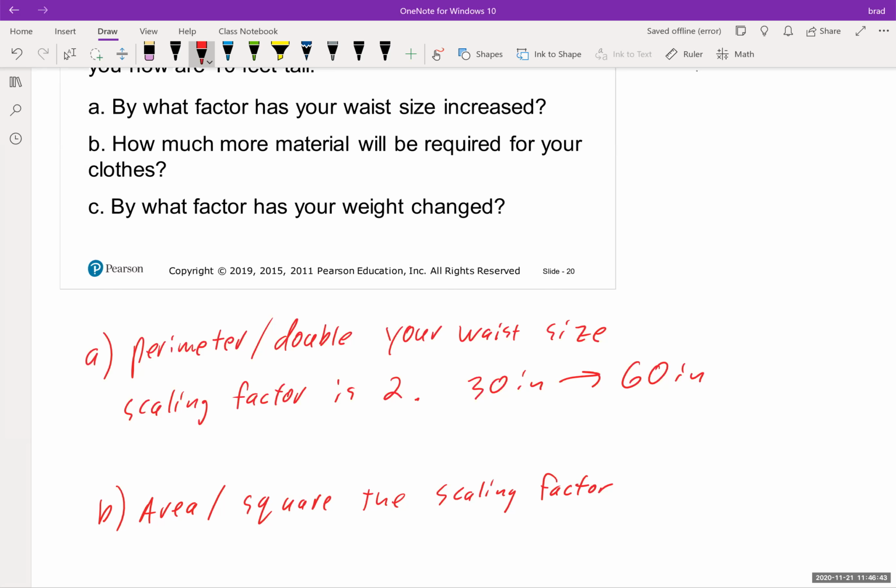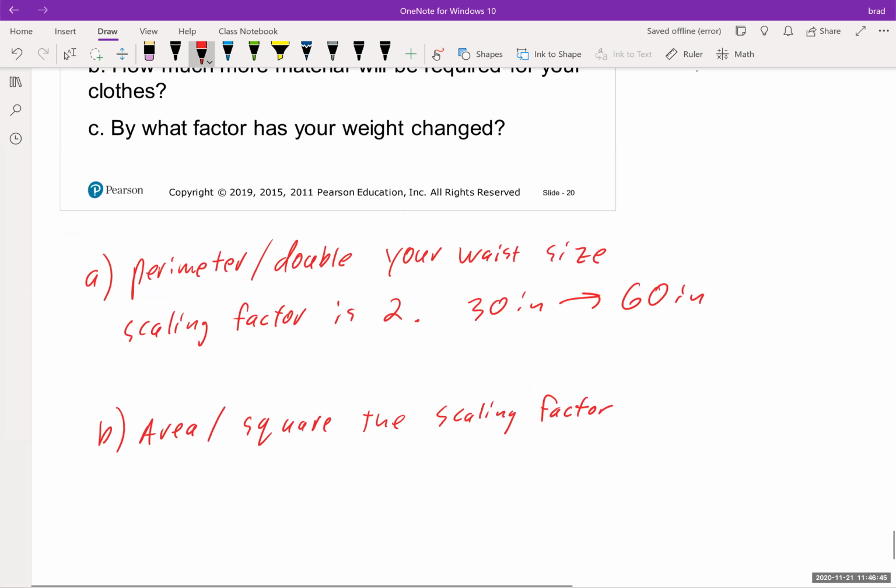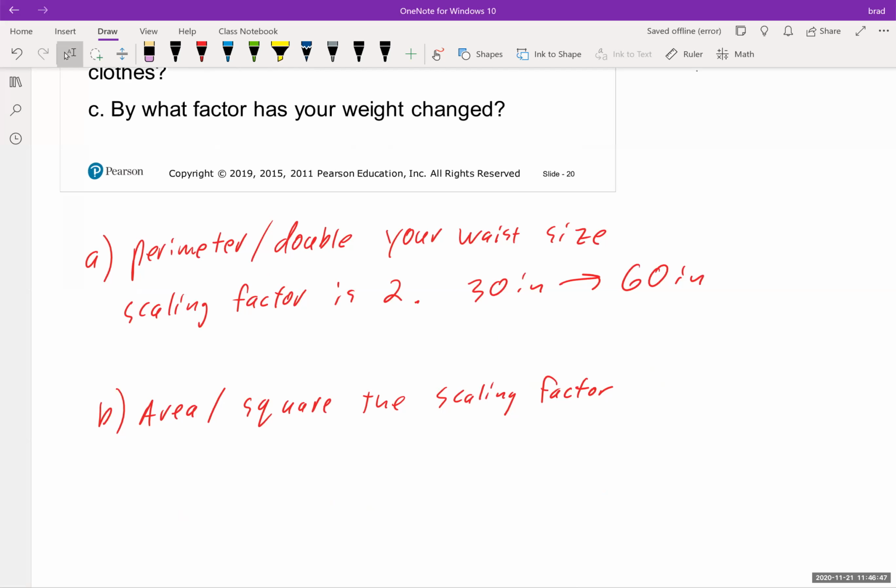Okay. So let's say originally you needed, I'm just going to make this up, guys, I don't actually know if this is correct. Let's say you needed 40 inches squared of material for your shirt. That's still way too much, but who cares?